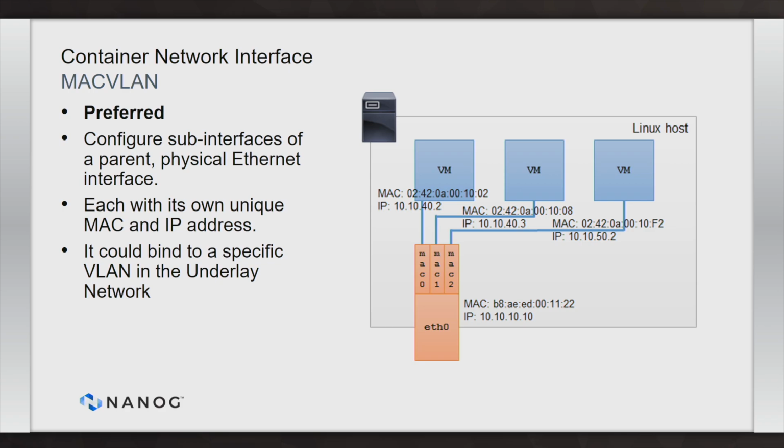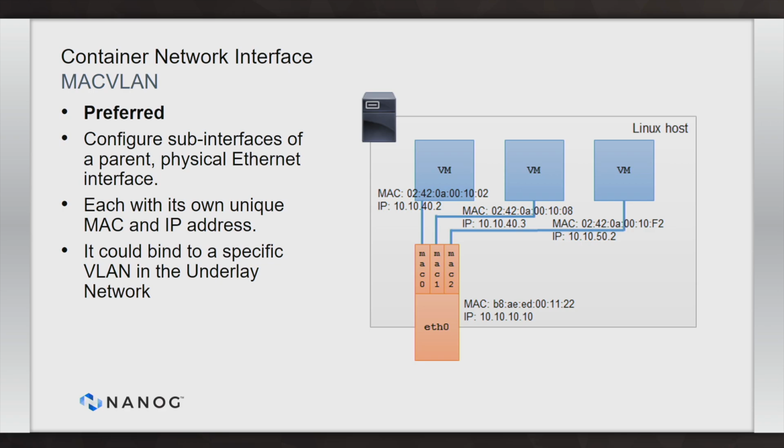Okay, MacVLAN. I don't know if you have had experience, but when you go to a Linux server, you can use any specific port, and you can just add a secondary address to that port. And you have the option, if you want, to create even a new MAC address for that port. Basically, MacVLAN is doing that. You're using a specific interface on the host, and you're adding an IP address and a new MAC address for that. Okay.